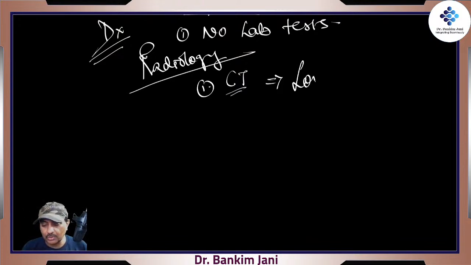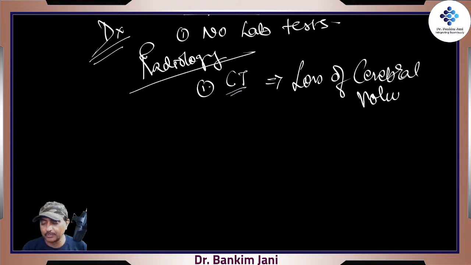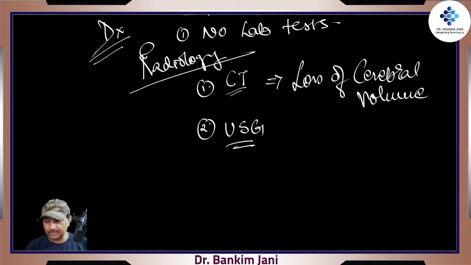There is cerebral volume loss, and you'll find that the gyri are shallow and the sulci are deep, right? Volume loss.